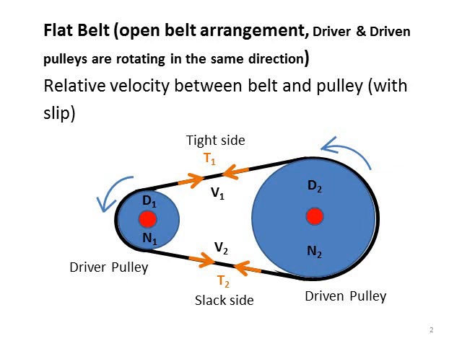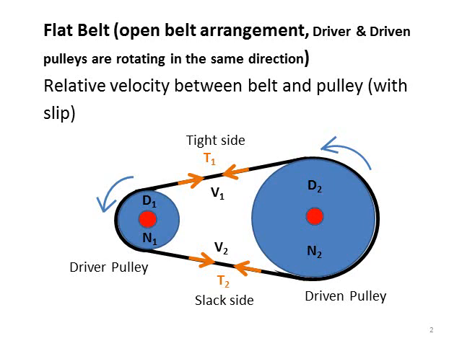Same as the previous lecture, we have two sides, the tight side and the slack side. Tension T1 represents the tension in the belt at the tight side, and T2 represents the tension in the slack side.